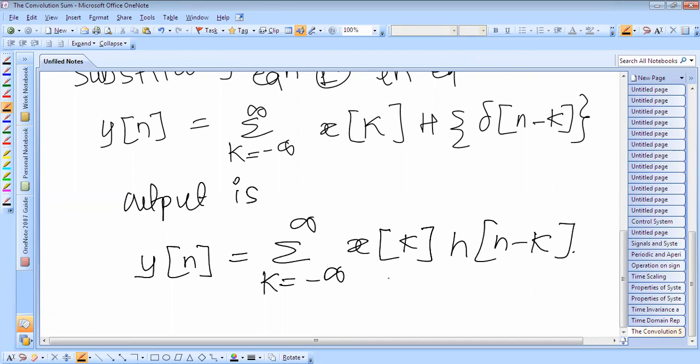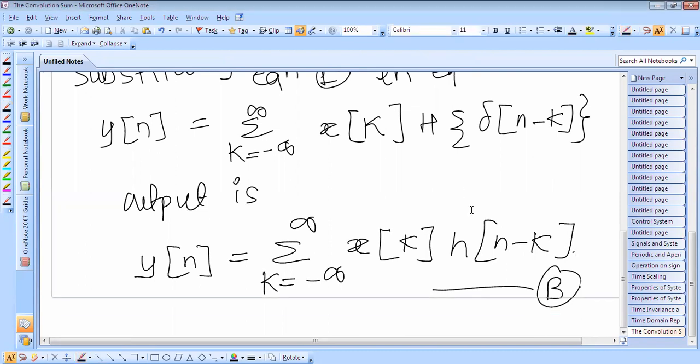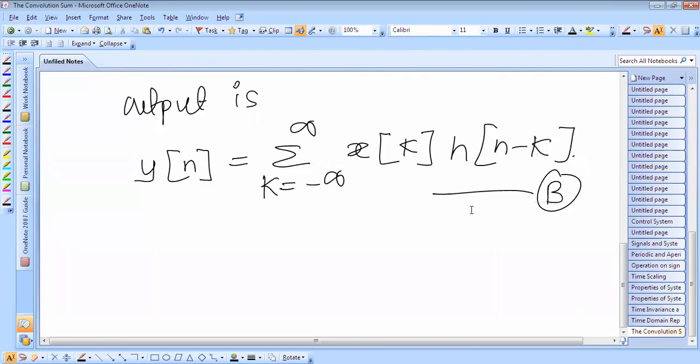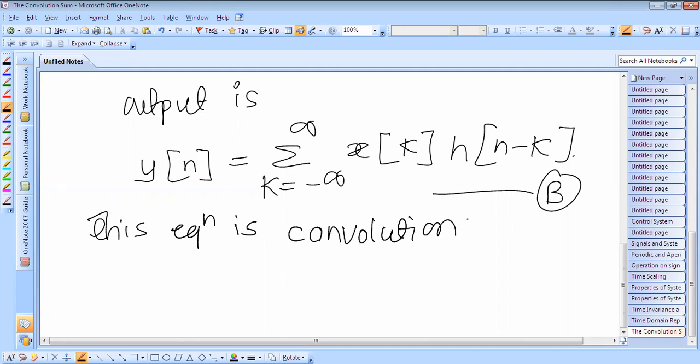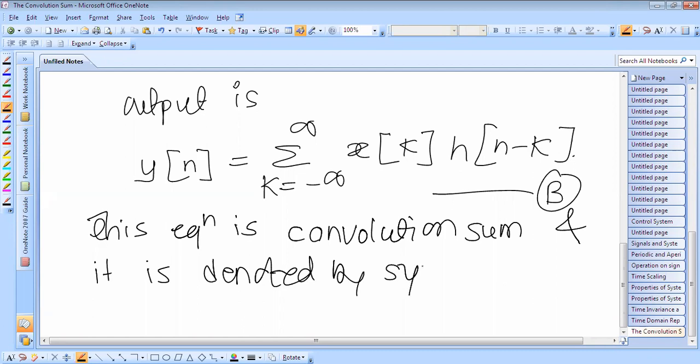We can give this equation the number B. The above equation B is termed the convolution sum, and it is denoted by the symbol star, like this.